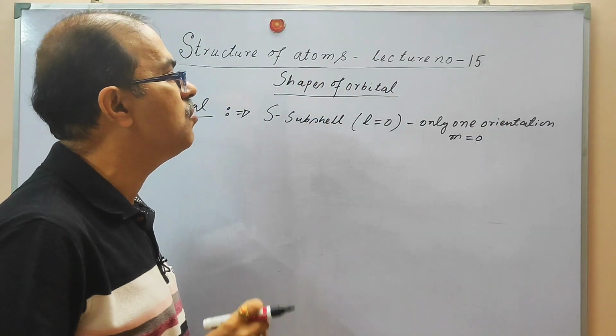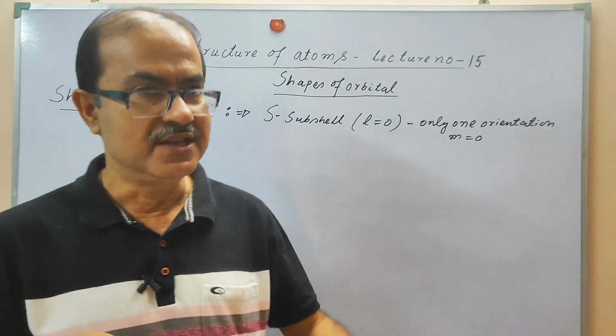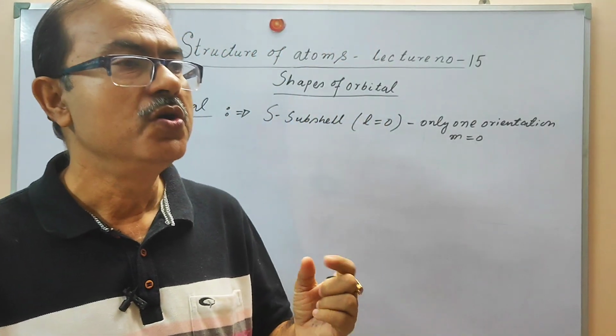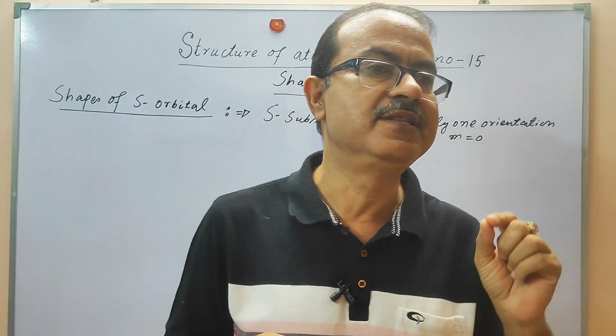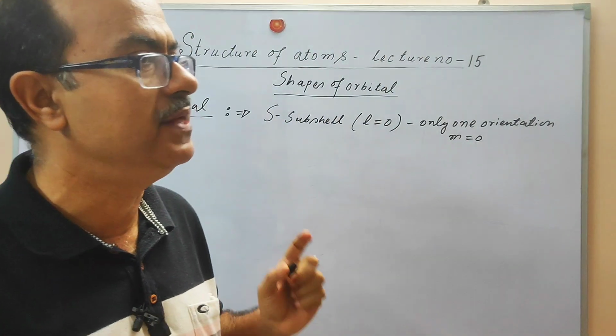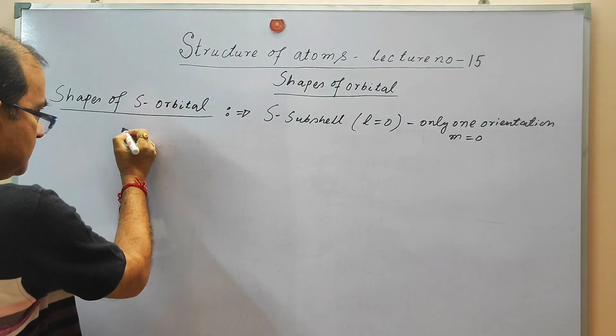If there is only one orientation, then it will have the shape of a sphere. At the center of the sphere is the nucleus. So the surface boundary diagram of the s orbital is a spherical structure.